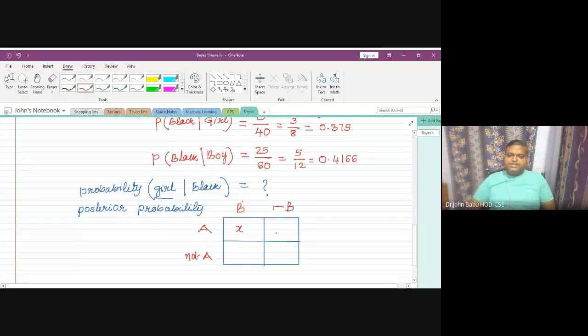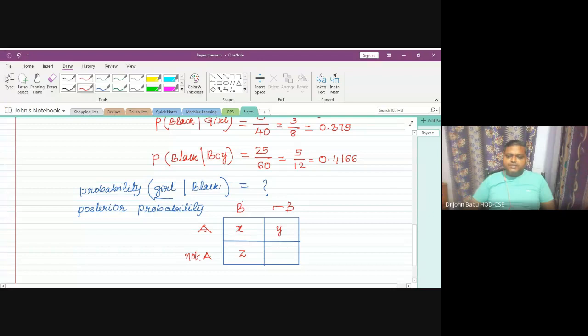Let us say this is X. A will occur but B will not occur, that is Y. A will not occur, B will occur, that is Z. A will not occur, B will not occur, let us say X, Y, Z.